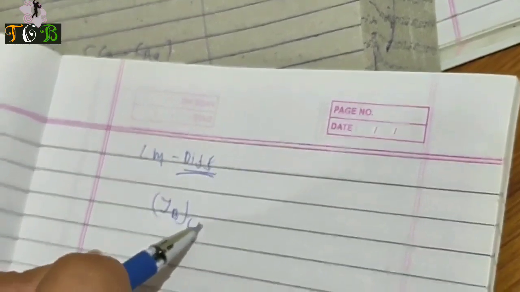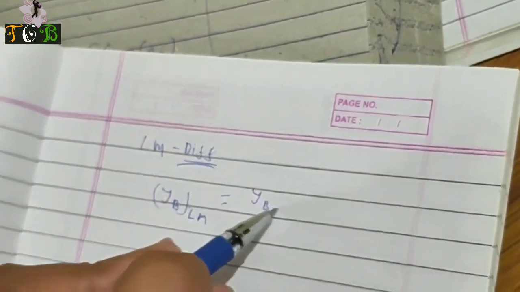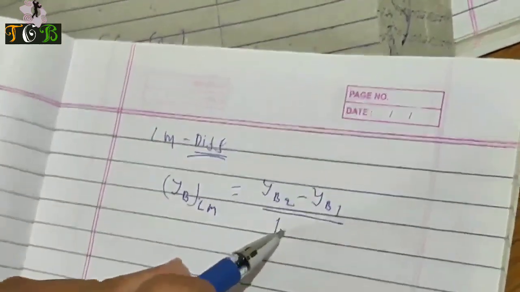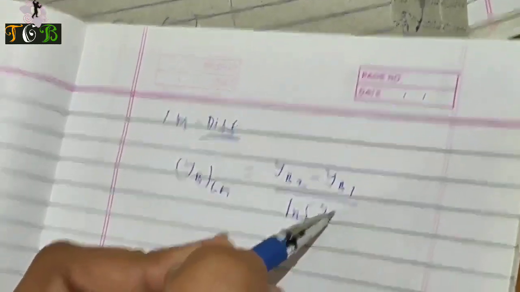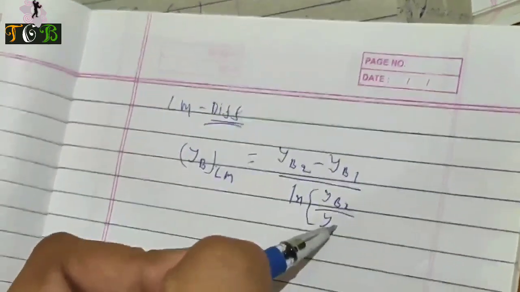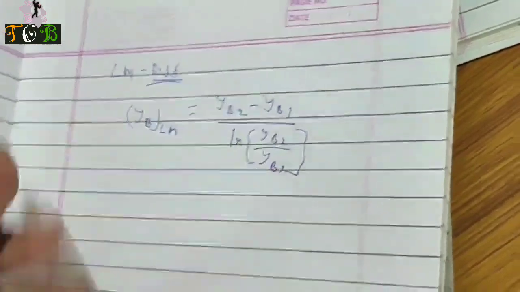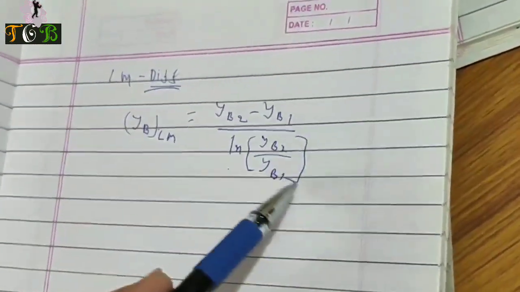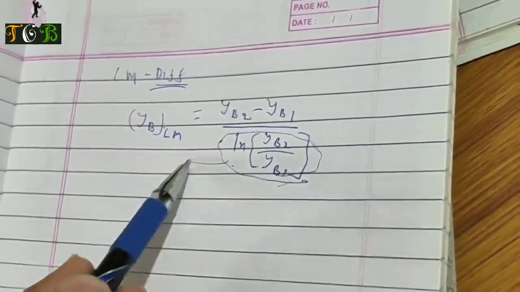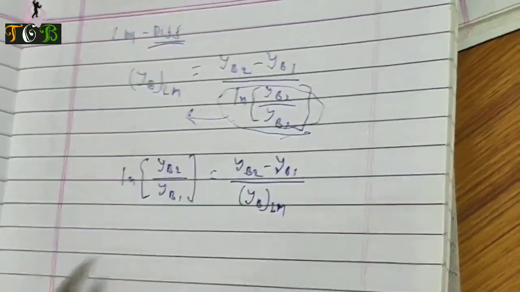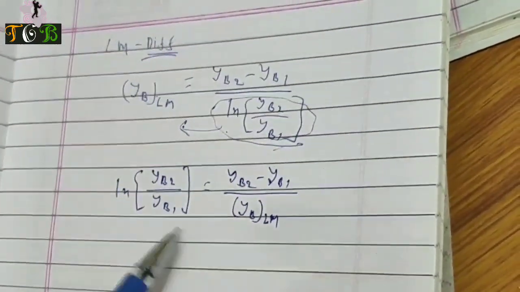Okay, we call it like this. What it is, that it is yb2 minus yb1 upon ln of yb2 upon yb1. Okay, that's how it is defined. So from here, what is this thing? Just transfer it and you will get this thing.